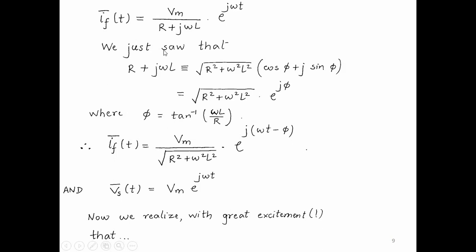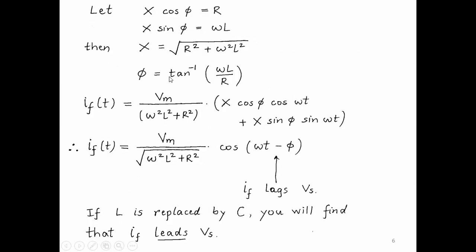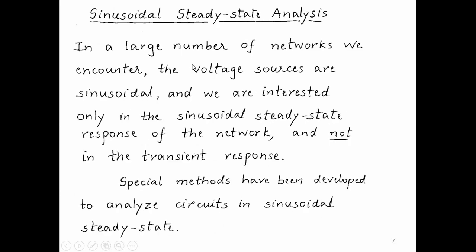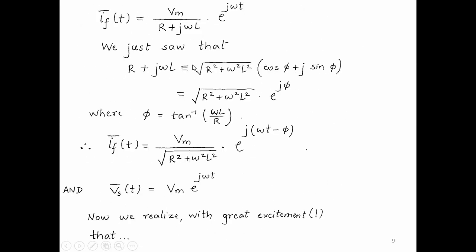Now we saw already that R plus j omega L has a magnitude, which is the square root of R squared plus omega squared L squared, and a phase phi, so we can write R plus j omega L in that form.